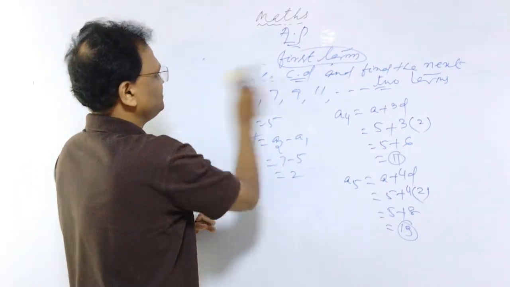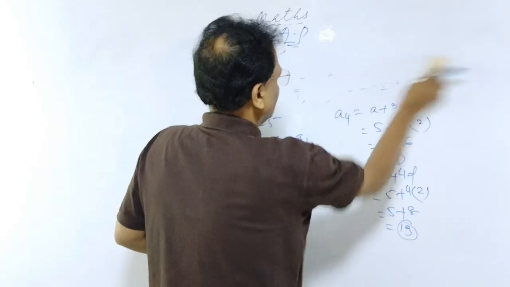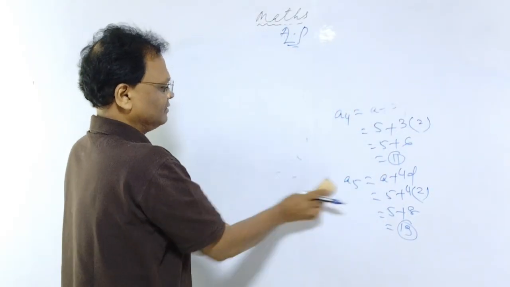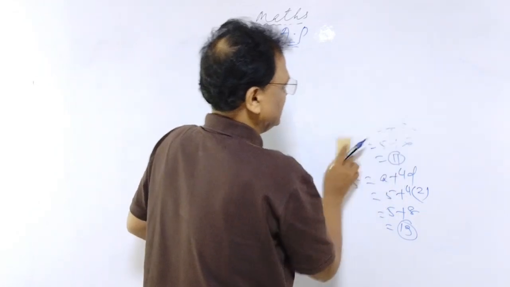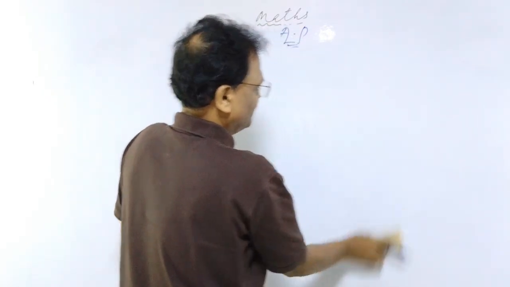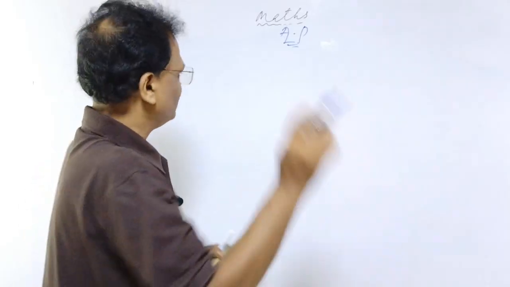Next, suppose it is given that you check whether the sequence is in AP or not. So what to check? Whether the sequence is AP or not.